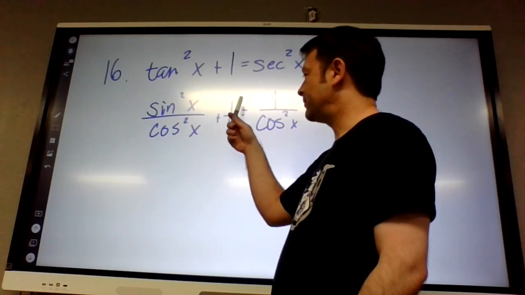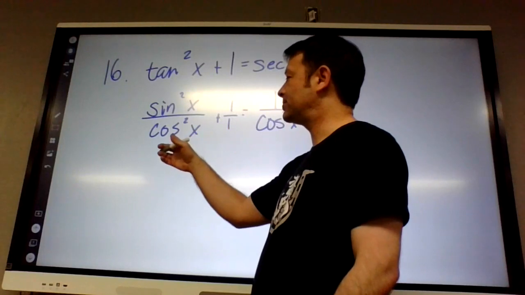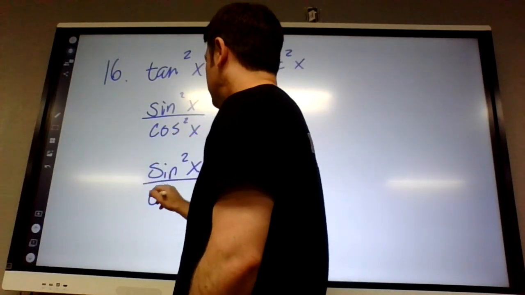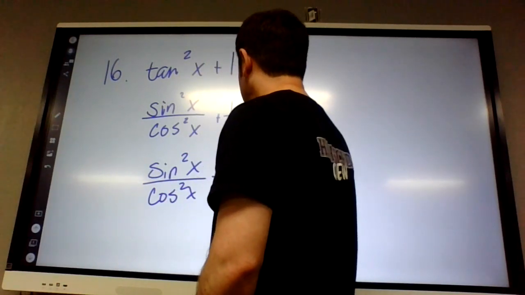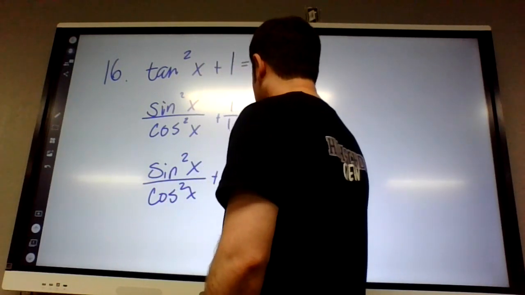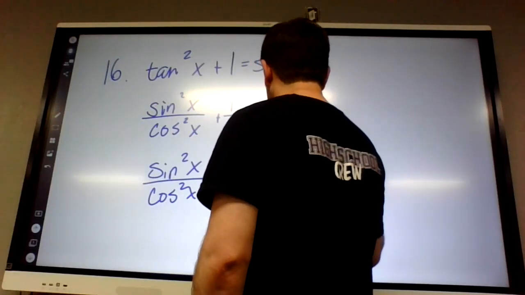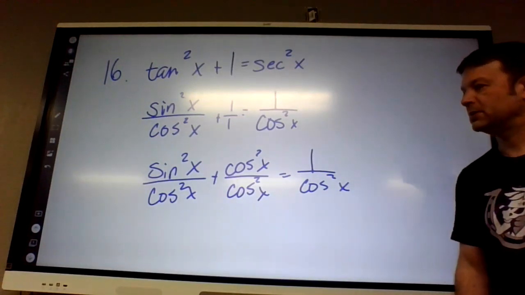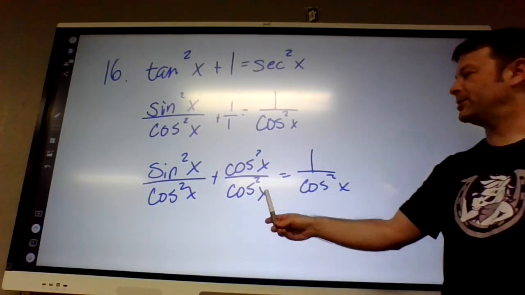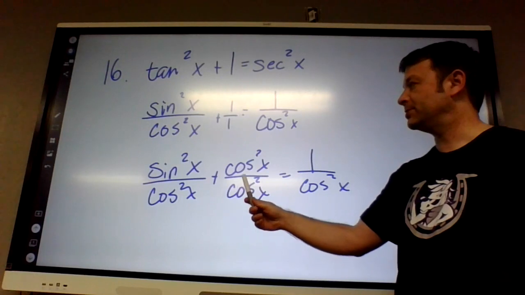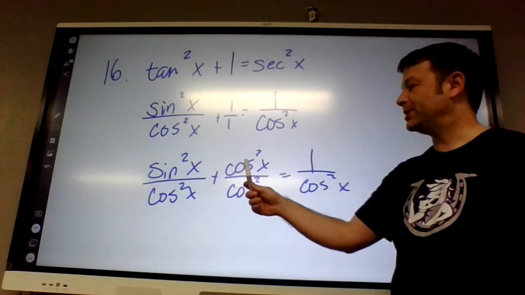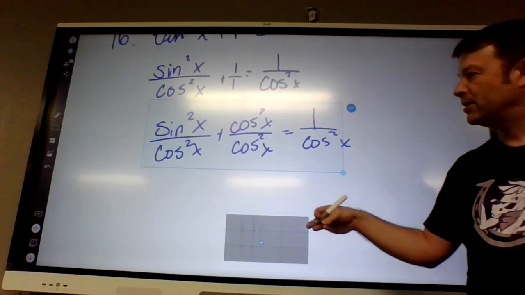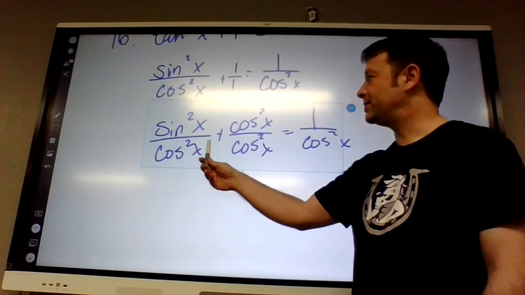Cosine squared. So if you multiply the top and bottom by cosine squared, you get this. I know I wrote a lot, but I barely did anything. I turned 1 over 1 into cosine squared over cosine squared. What are these two added together?